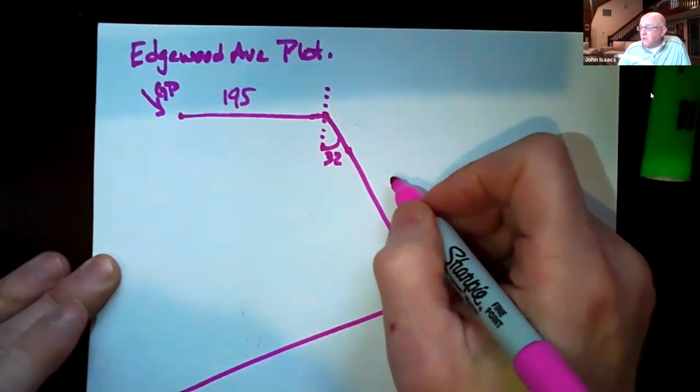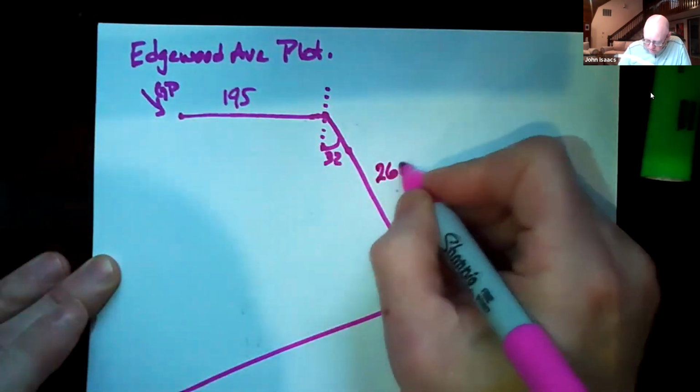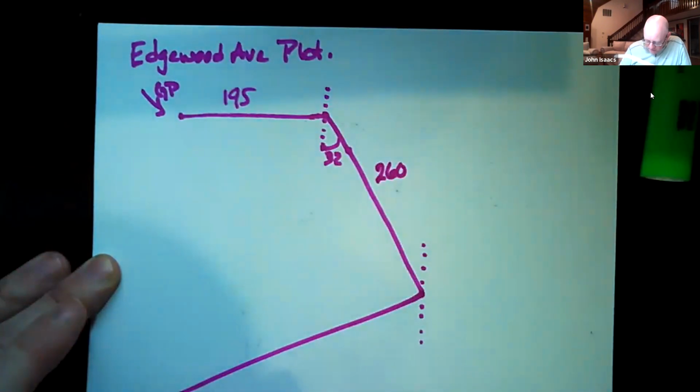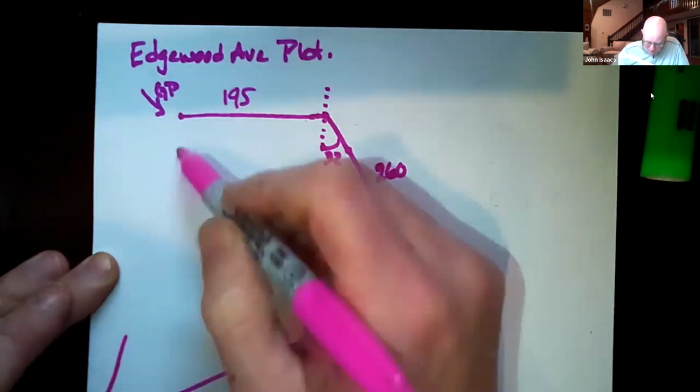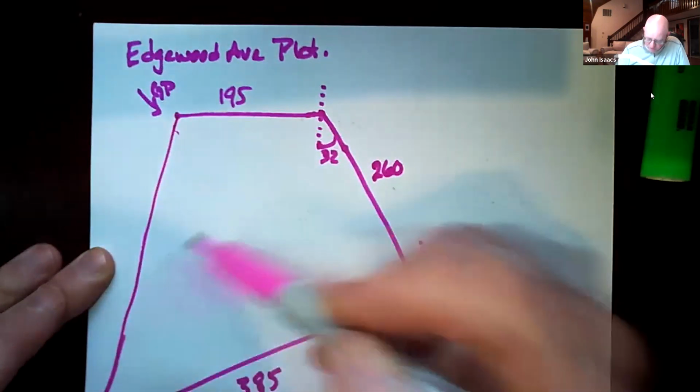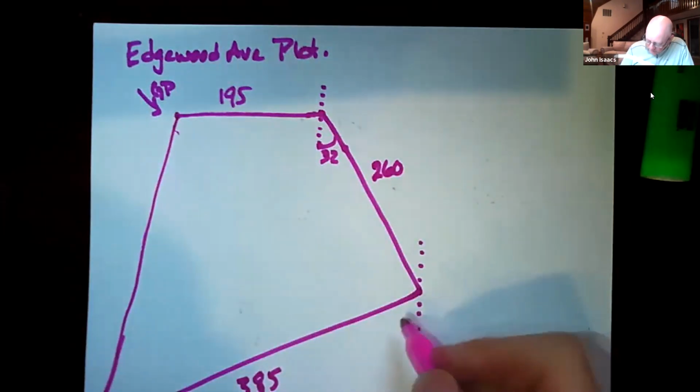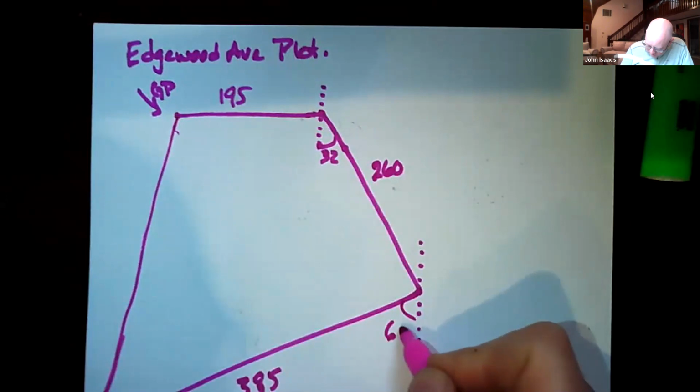This line's really long because this was 260. And this one's 385. It may not even be long enough. I'm running out of paper, so we're just going to call it. And then it says go straight back to the granite post. So here's your sketch of your property. Should look something like that. Knowing that this is 68 degrees.